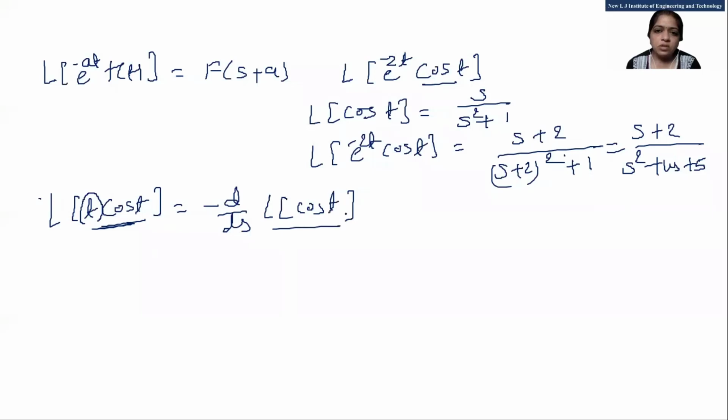Laplace of cos t is s upon s square plus 1. So minus d by ds of s upon s square plus 1.